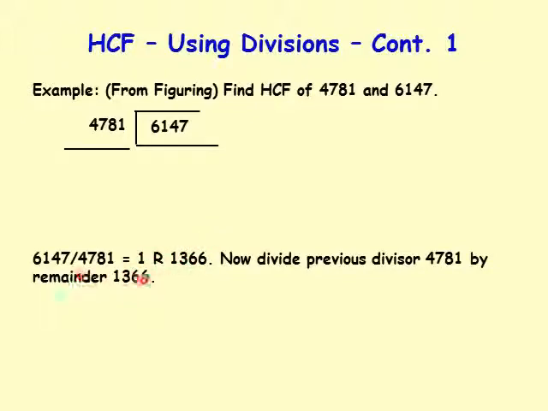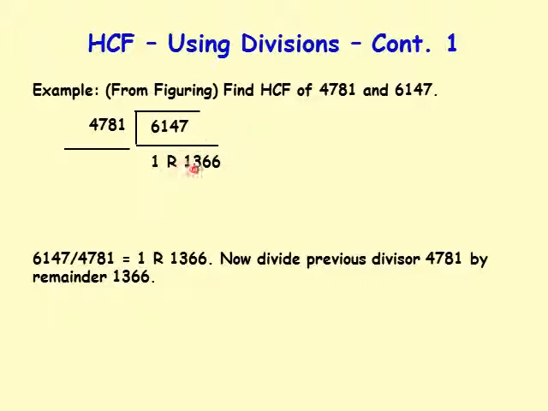Let's see the setup for the next step. Here is 1 remainder 1366. I divided 6147, the larger number, by 4781, the smaller number, and got 1 remainder 1366.